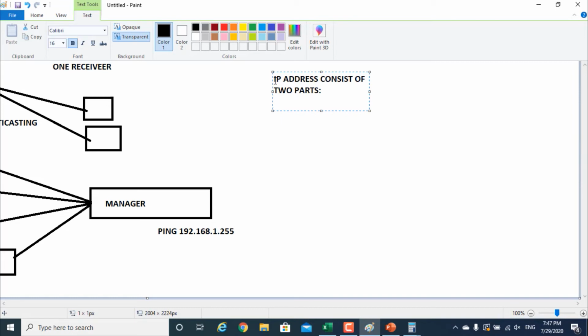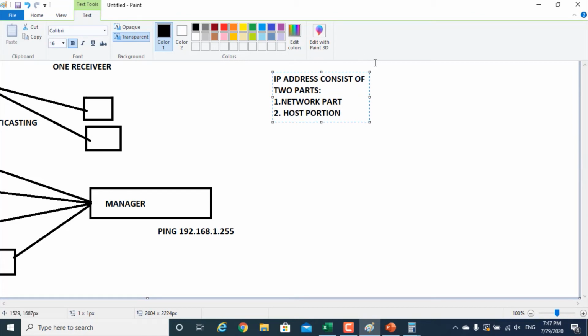I mean this 32-bit address, or 4-octet, 4 decimal address, consists of 2 parts. The first part is the network portion, and the second one is the host portion.